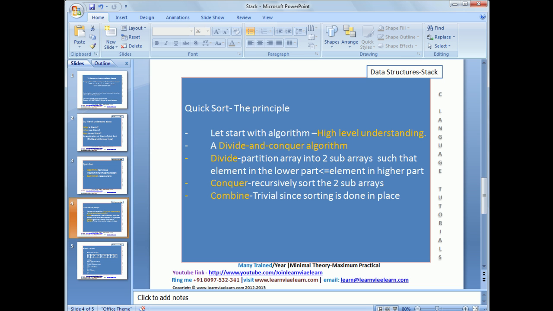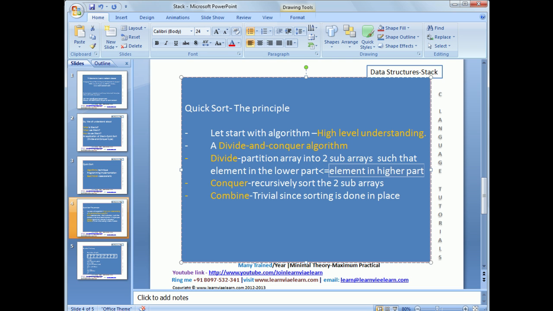Let's say I have an array of, for example, 10 elements. We divide the array into two sub arrays such that the first part of the array, which is called the lower part or left part, has all the elements which are smaller than the right part of the array.